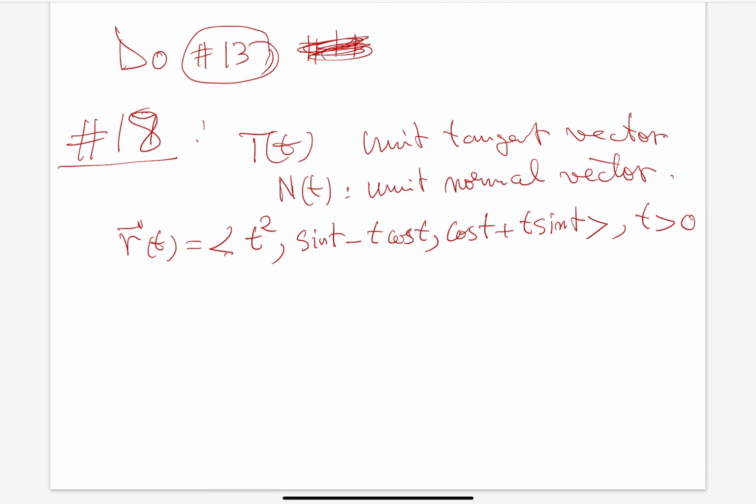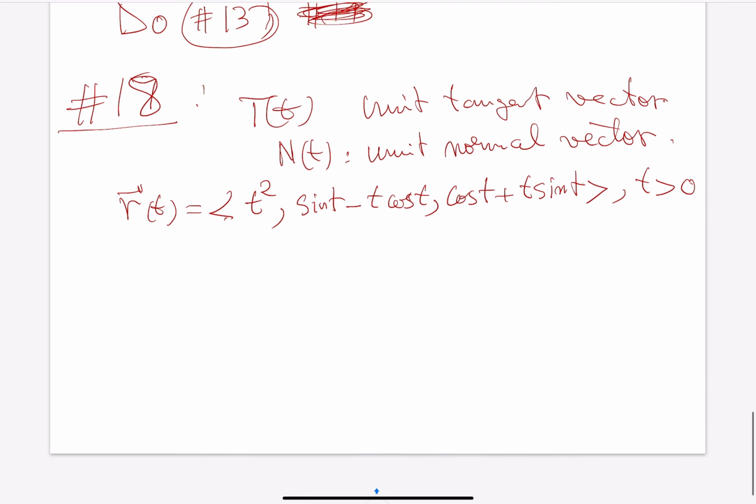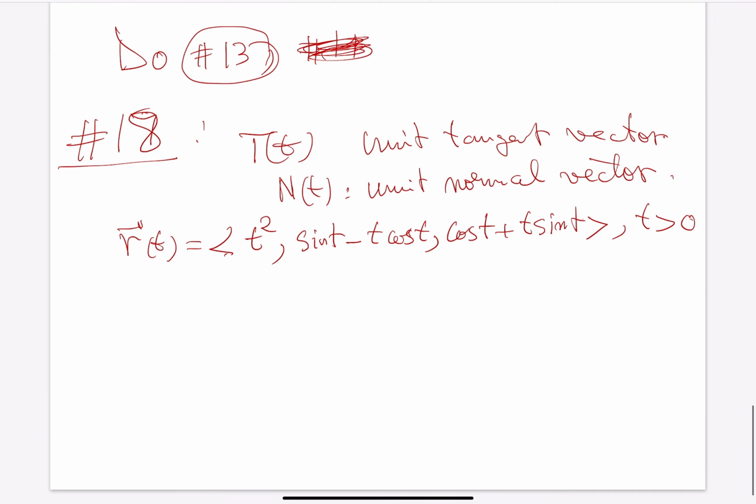So the question was, find the unit tangent. What's the formula for the unit tangent vector? Remember, the formula is in the book: the derivative of the vector function divided by the length of the vector function. So you have to know those kinds of formulas. Make sure it's a vector here. A vector divided by its length is still a vector.